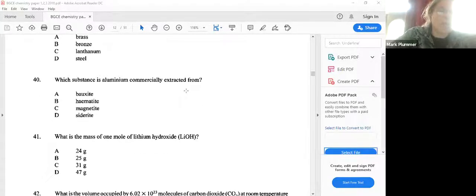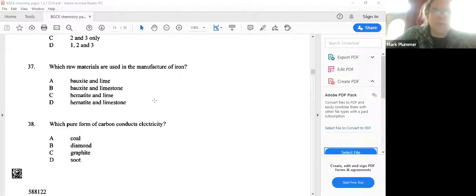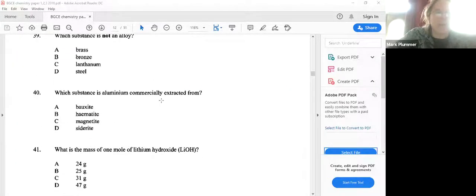All right, number 40. Which substance is aluminium commercially extracted from? Well, we've kind of touched on this one already, haven't we? Let's just say, for the sake of argument, that you were struggling, maybe you weren't quite sure what to do with number 37, and you took a guess because you weren't sure, and you went, yeah, I think I've seen bauxite and limestone together, so I'm going to go for B. So on number 37, you write B. A couple of questions more in the paper, you see, which substance is aluminium commercially extracted from?